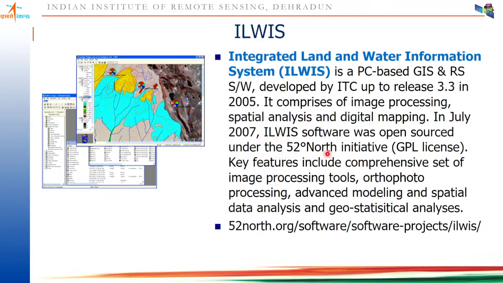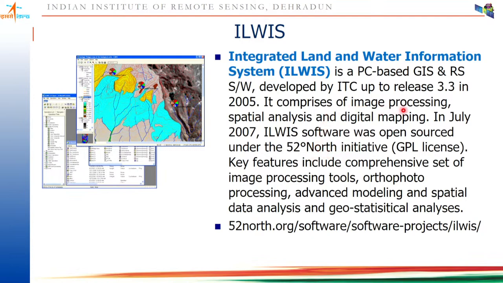and formed a separate organization called 52 Degrees North, and they were handed over the ILWIS development, and they are still doing it. A new version has been launched with much more facilities.